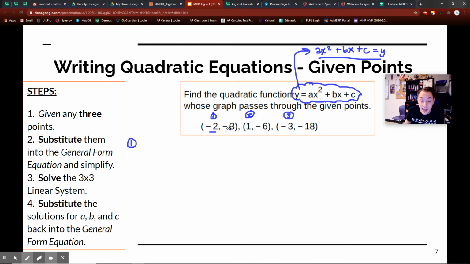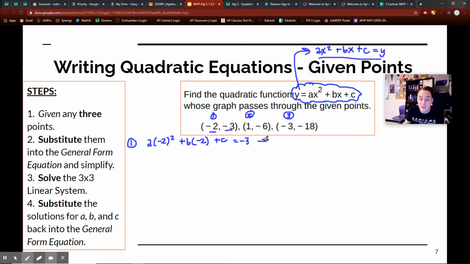I'm given an x and a y. So I'm actually going to take -2 and plug it in for my x's here, and I'm going to take -3 and plug it in for my y. Now watch what happens. This is going to be a times -2 squared plus b times -2. Can't do anything for c here, equals, and then my y is -3.